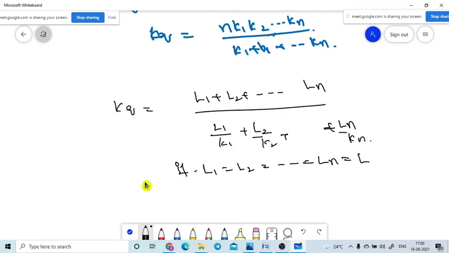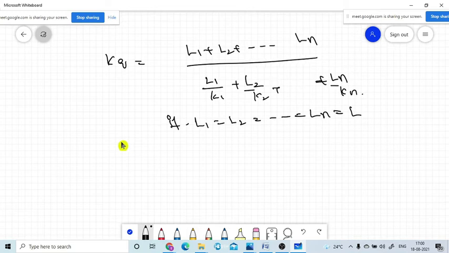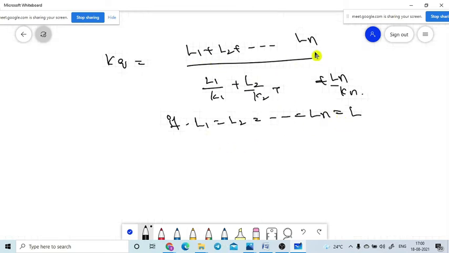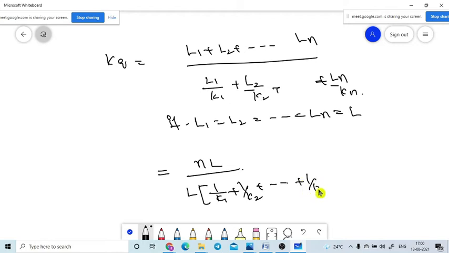N times L itself we will get, not N times of L's. That is equal to N times L divided by, the total L's I am taking common, L times 1 by K1 plus 1 by K2 plus and so on 1 by Kn.